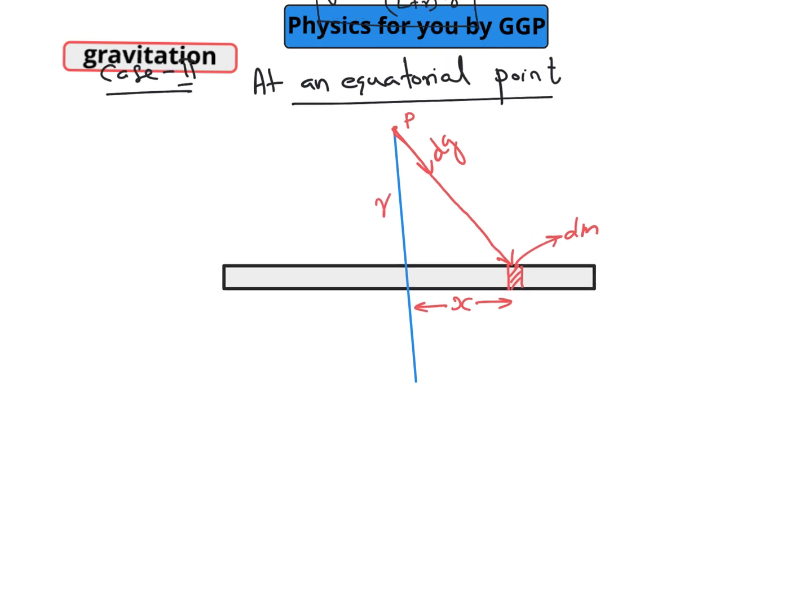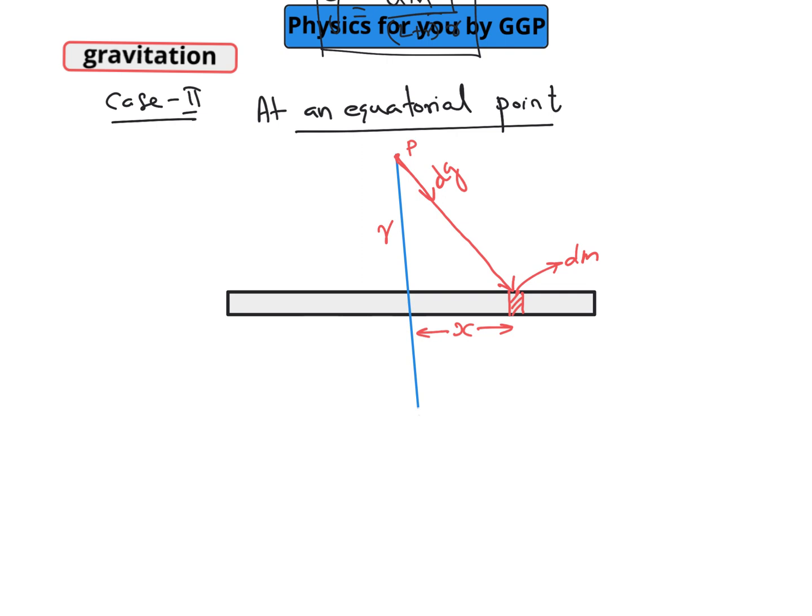First we can find the value of gravitational field at point P due to this small element of mass dm, which is represented by dg. So dg is G dm divided by the distance squared; from Pythagoras theorem this distance is the square root of r square plus x square. So we can write it as G dm divided by r square plus x square.